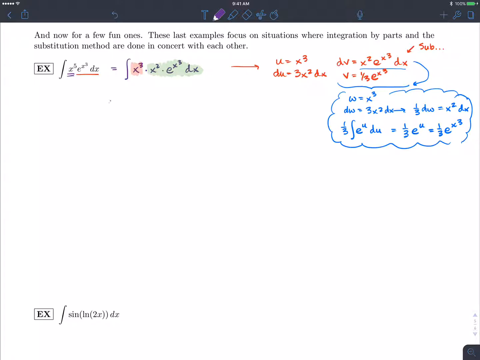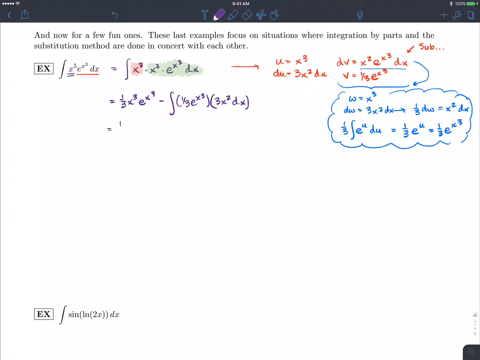So this integral will be u times v, so 1/3 x cubed e to the x cubed, minus the integral of v du. So that would be 1/3 e to the x cubed times 3x squared dx.